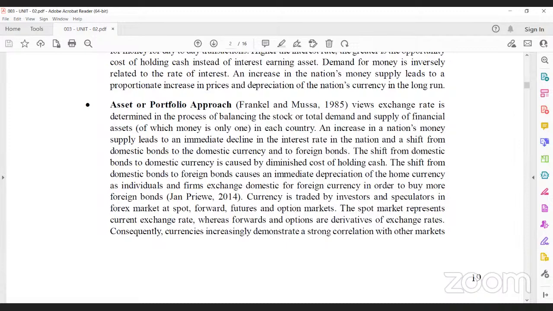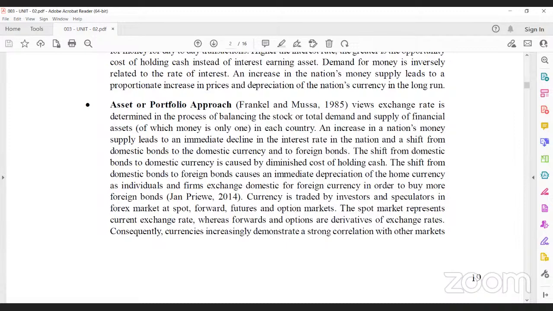So the portfolio approach is a route through which we determine our exchange rate, which is again based on the demand and supply of financial assets.